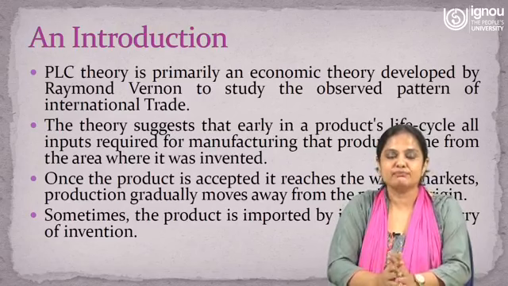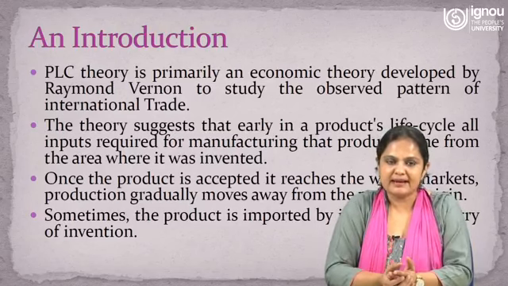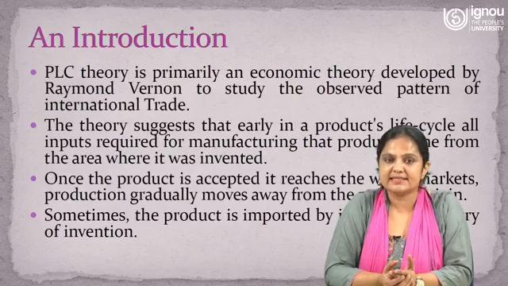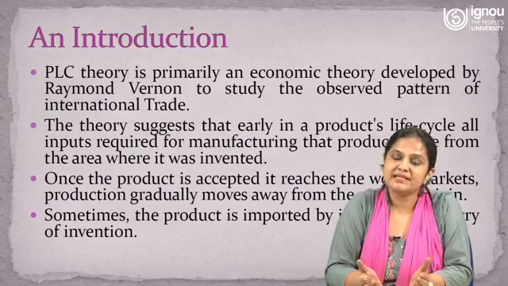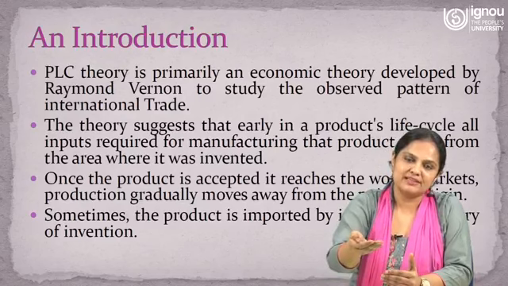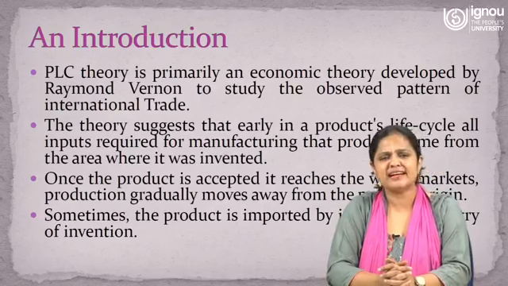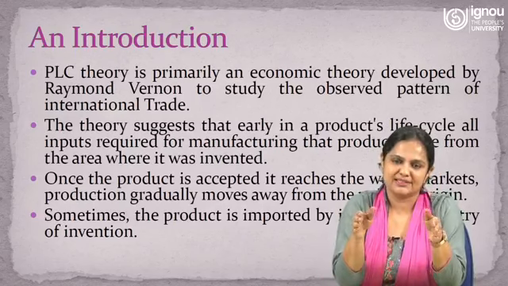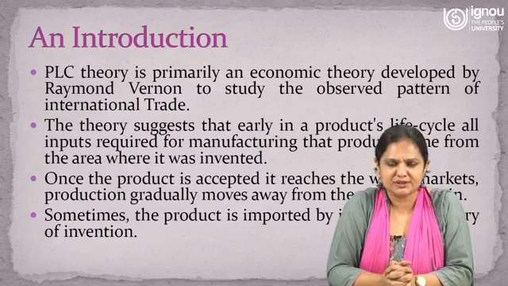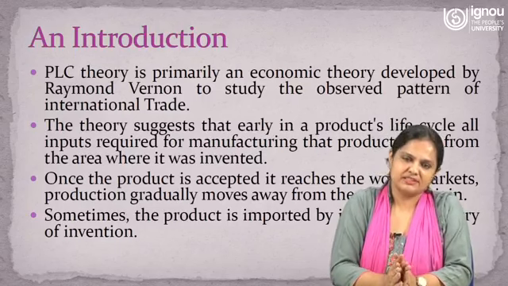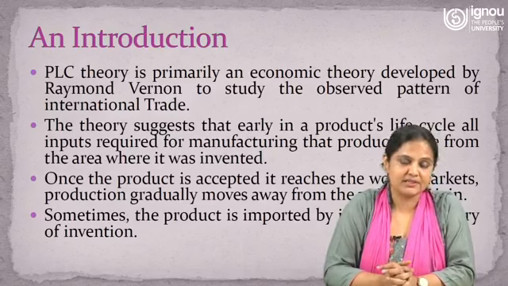But once it is manufactured and launched in the market, and if the product is accepted and welcomed in the market, then it reaches the world market. That means it crosses the boundaries of the point of origin and reaches the world market. And production gradually moves away from the point of origin, because, for example, there are various multinationals that have their manufacturing units in various parts of the globe, in various countries.